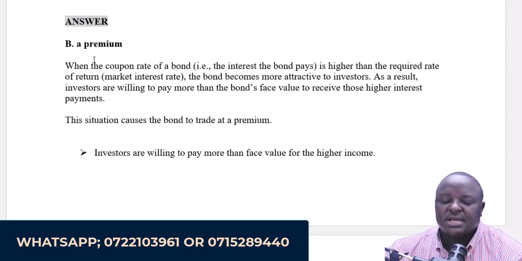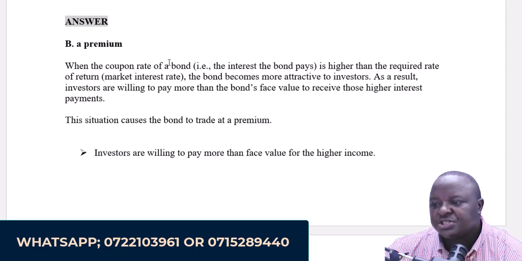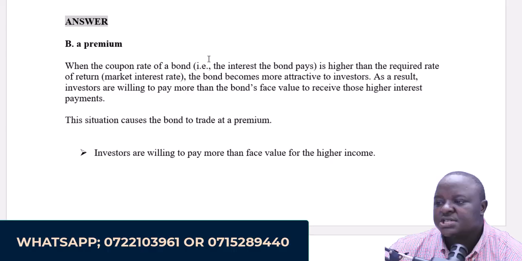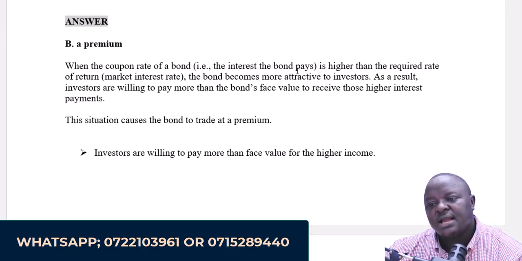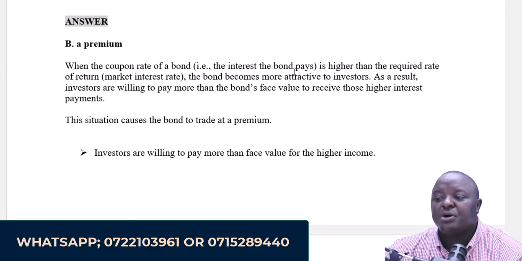Why say that it's selling at a premium? When the coupon rate of a bond, that is the interest the bond pays, is higher than the required rate of return, that is the market interest rate, the bond becomes more attractive to investors. As a result, investors are willing to pay more than the bond's face value to receive those higher interest payments.